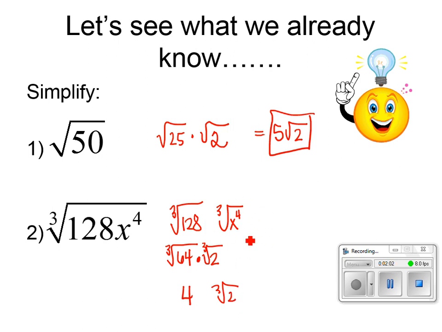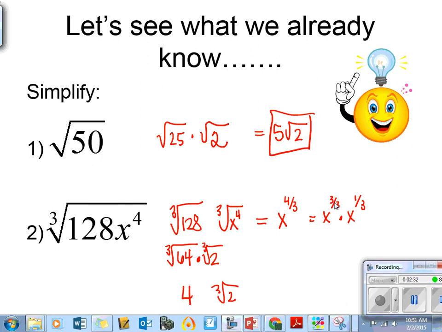Now, when we do variables, remember, we're going to rewrite it in rational exponent form, which is x to the 4/3. We're going to think backwards. We're going to be thinking about fractions that add up to be 4/3. Remember, one of them is always the easy one, 3/3. And what would the other fraction left over be? That would be 1/3. So is 3/3 plus 1/3 4/3?